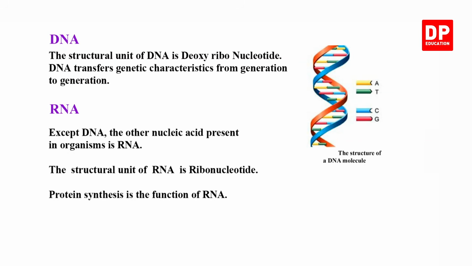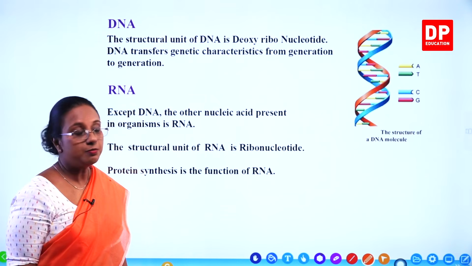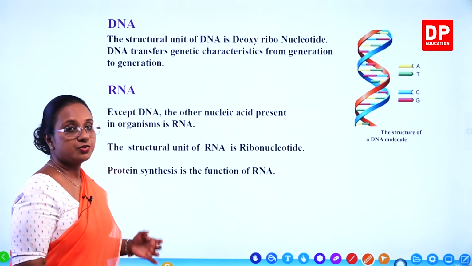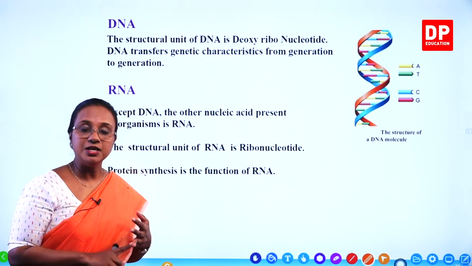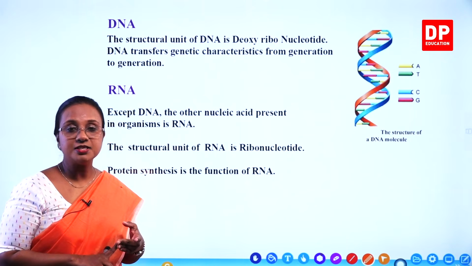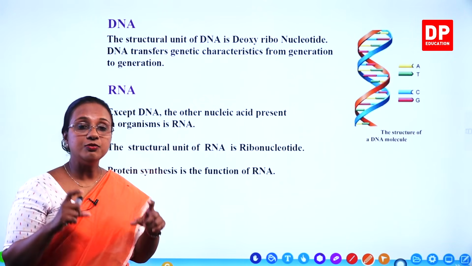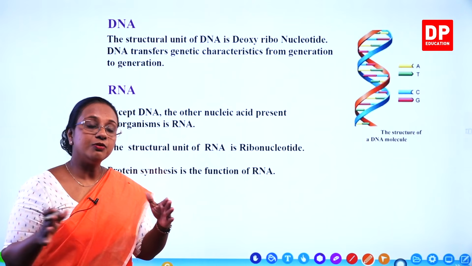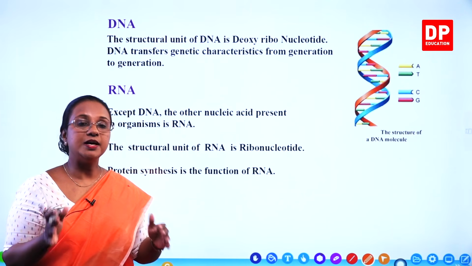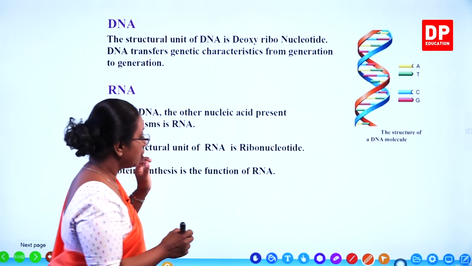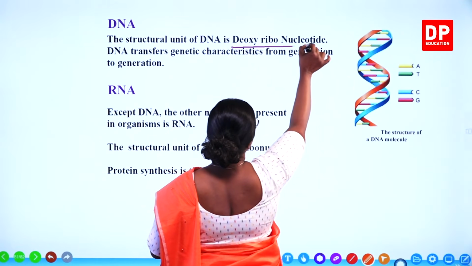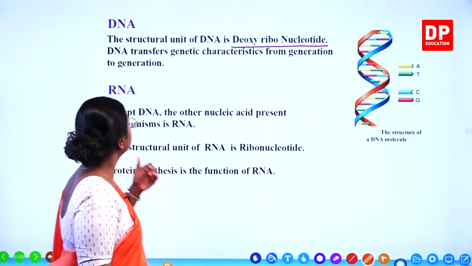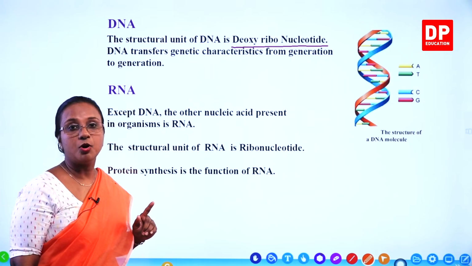So the structural unit of DNA is the deoxyribonucleotide. As I said, the combination of a phosphate group, a pentose sugar and a nitrogenous base is called a nucleotide. Many nucleotides combine to form the nucleic acid. So when deoxyribonucleotides combine, they form the DNA molecule.